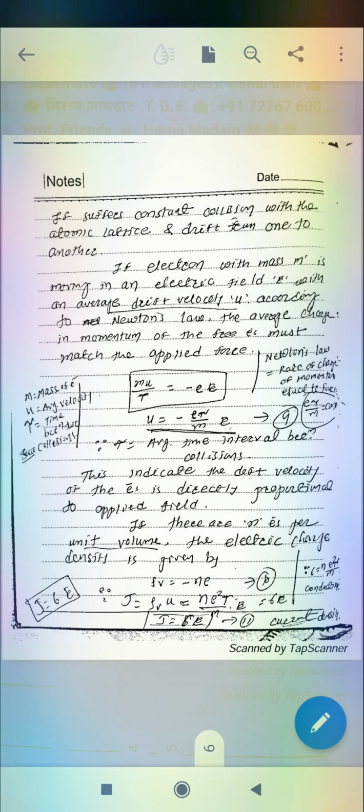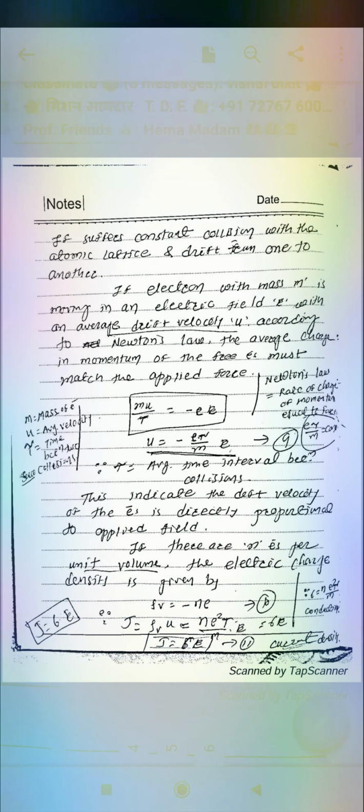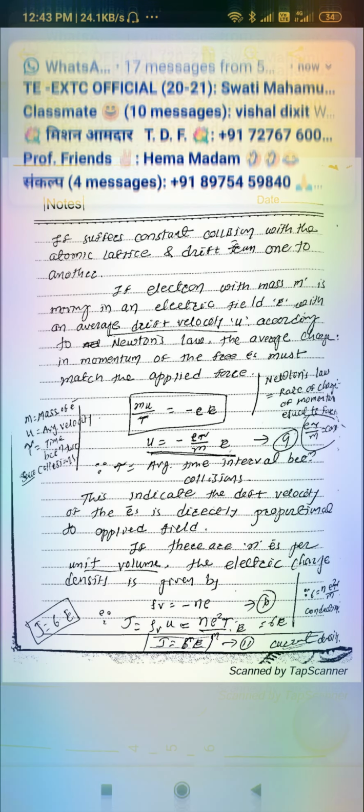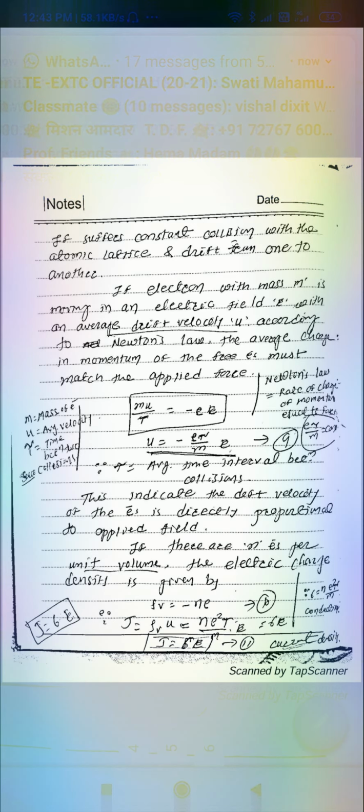When we consider the equation m u divided by tau, which is equal to minus e into capital E, the velocity u is equal to minus e tau divided by m into E. Say equation 9.